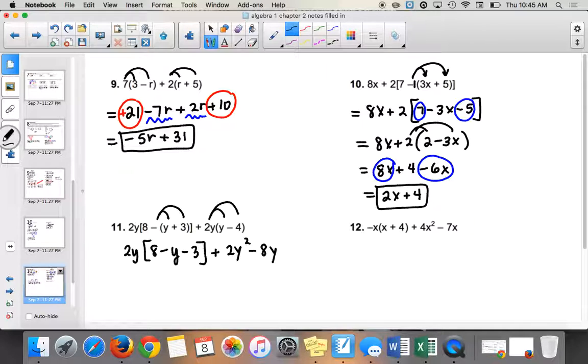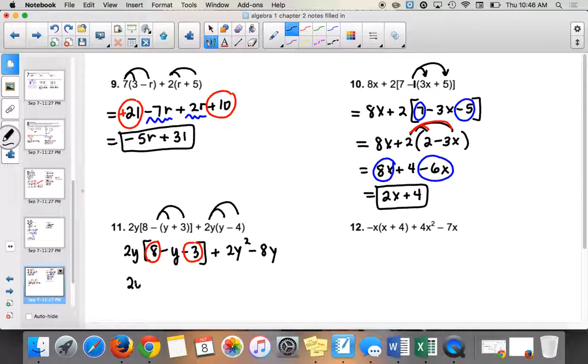Yeah, Peter? Wait, how do you get negative 6 if it's 8x minus 3x? It's 8x minus 6x. Oh, wait, I see what you're saying. You're distributing the 2 in here. So, okay. 2 times 2 is 4, 2 times negative 3x is negative 6x, and then you combine. All right, so again, let's combine our 8 and our negative 3.